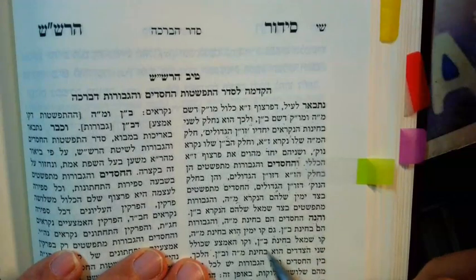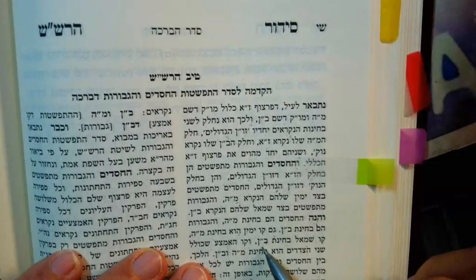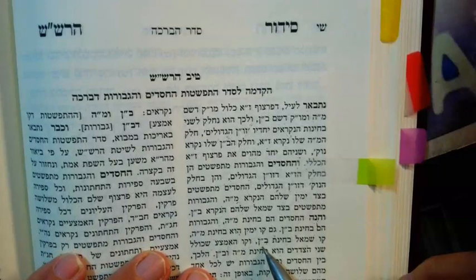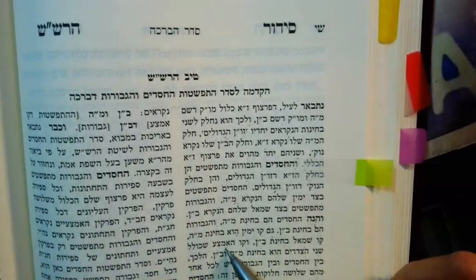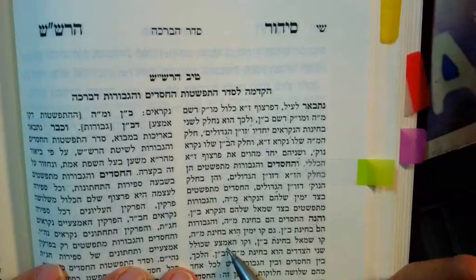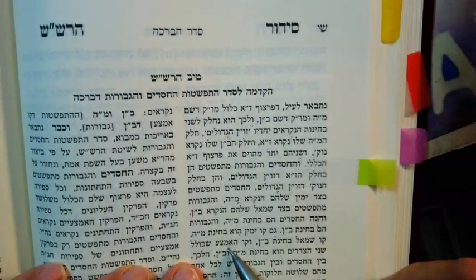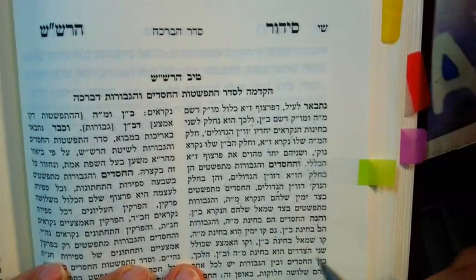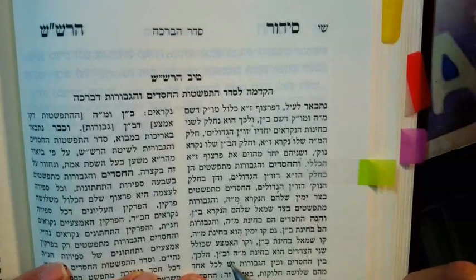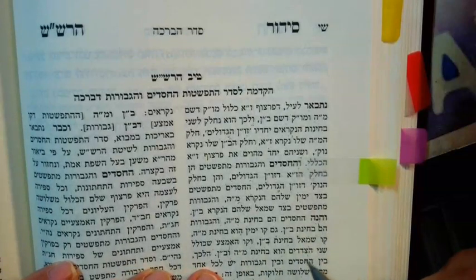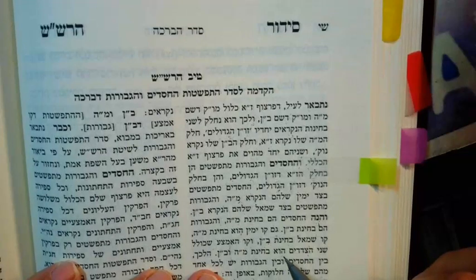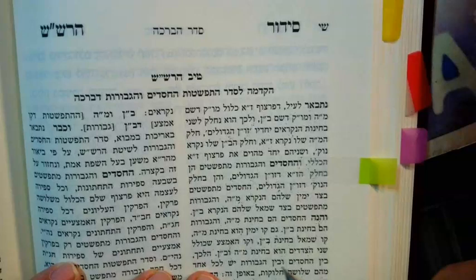V'kav smol bechinas ben, and I think he means the left line is going to be the concept of ben. Then there's a middle line. Kav emtzoi, this middle line, shekolo shnei hatzdadim hu bechinas ma u'ben, that has within it two sides. It has a ma side in the middle, and it has a ben side in the middle.